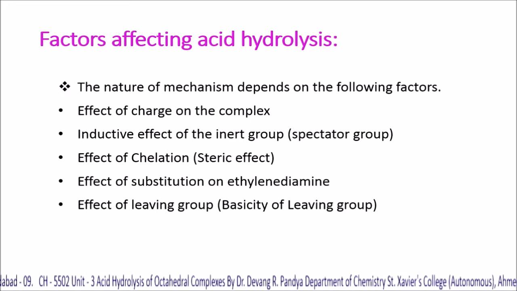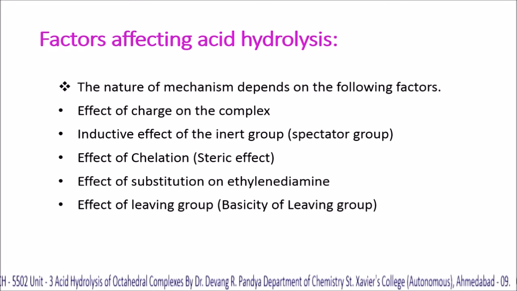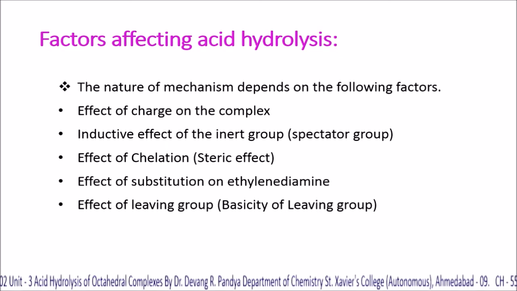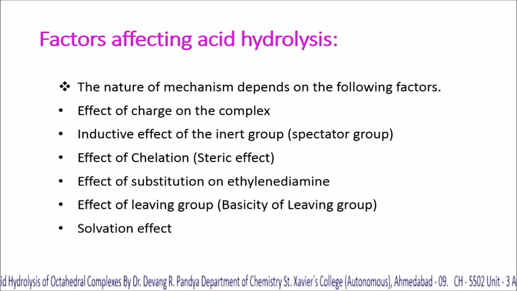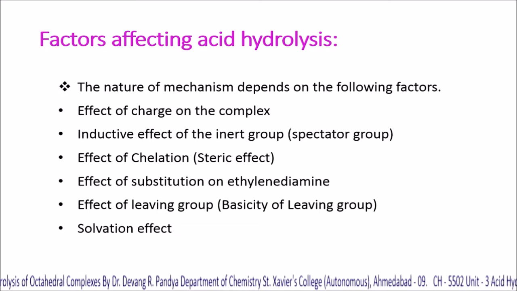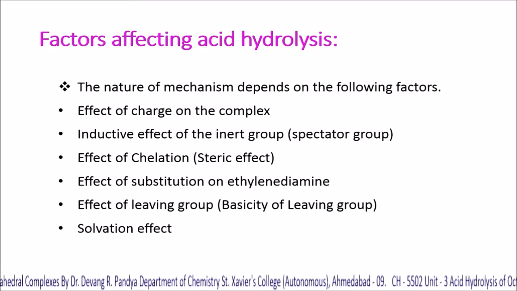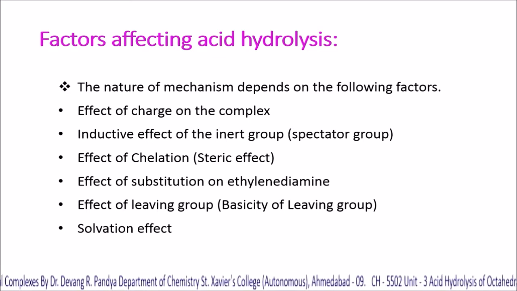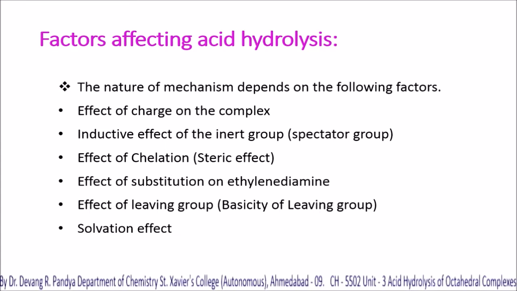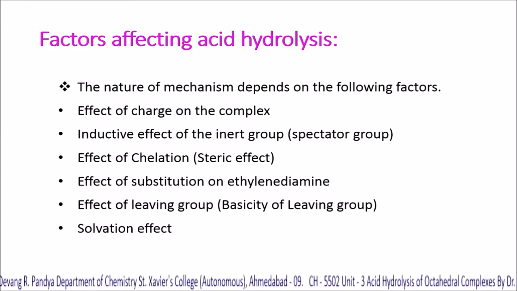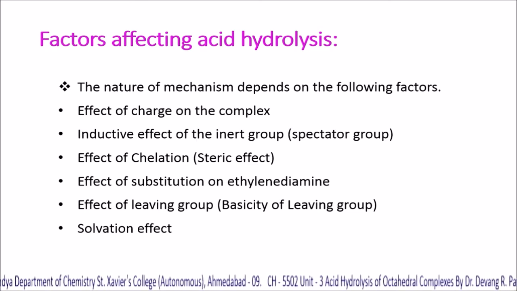Another factor is the effect of the leaving group, or the basicity of the leaving group, or we can say the nature of the leaving group, which may alter the acid hydrolysis as well. And finally the solvation effect, another effect which may affect the ligand substitution reaction. So these are the factors affecting ligand substitution in acid hydrolysis of octahedral complexes.